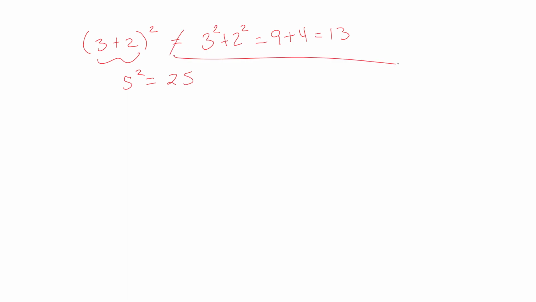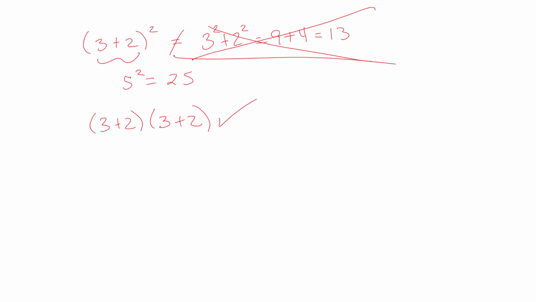So that's wrong. I can't just apply that to the individuals. What I'd have to say is 3 plus 2 times 3 plus 2. The only time the power rule works is if everything inside is being multiplied together. If you're adding things together, then it's super bad. You don't want to do that.